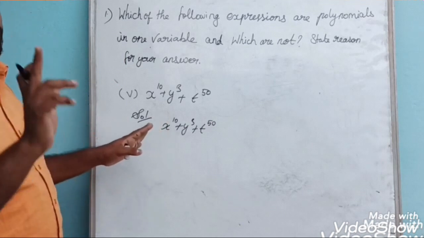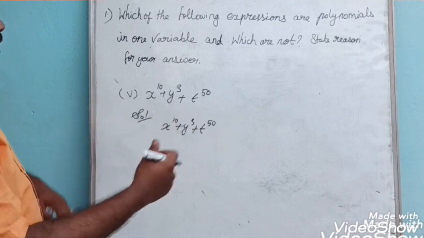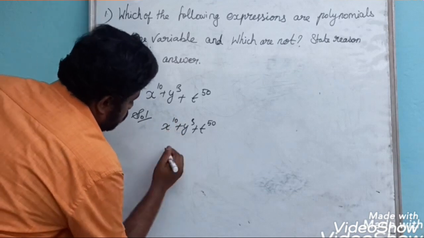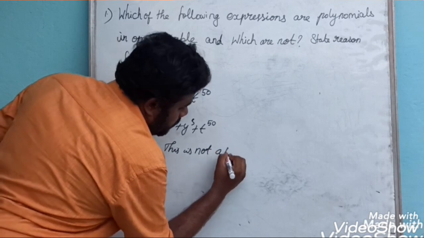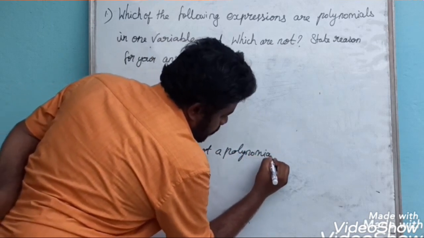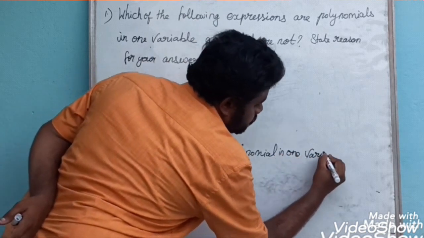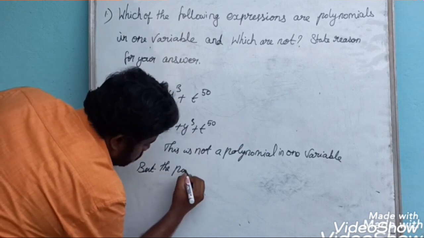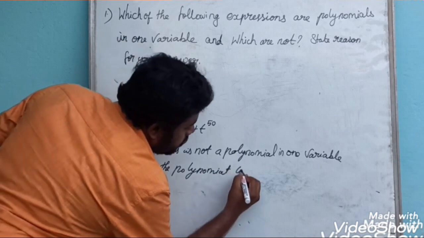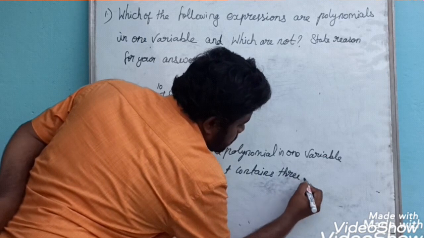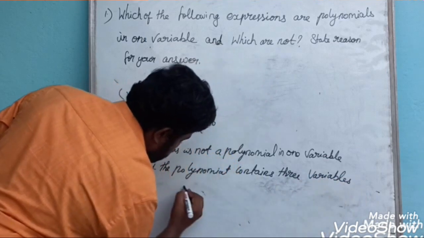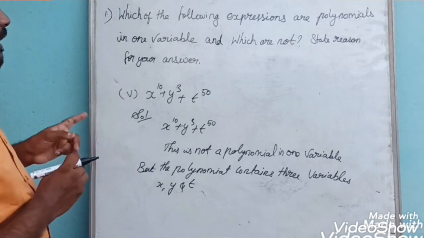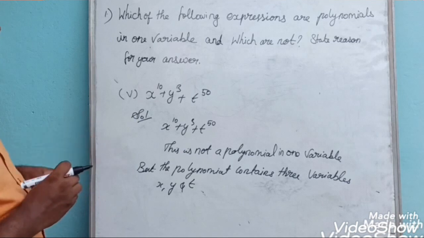Here this is not a polynomial in one variable, but it is a polynomial with 3 variables: x, y and t. These are 3 different variables. So this is not a polynomial in one variable, but the polynomial contains 3 variables.